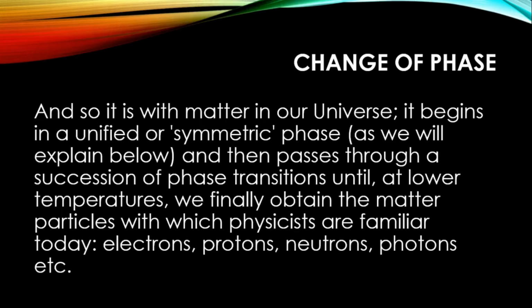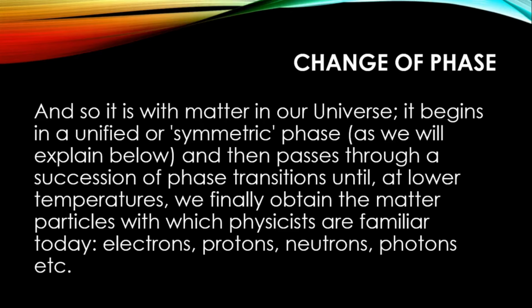And so it is with matter in our universe. It begins in a unified or symmetric phase. As we'll explain below, and the one I'm illustrating in a drawing, it then passes through a succession of phase transitions until at lower temperatures we finally obtain the matter particles with which physicists are familiar today: the electrons, protons, neutrons, and the photons.